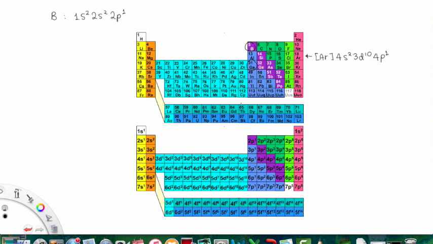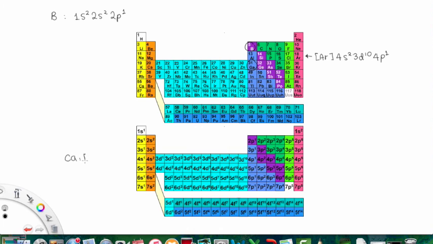First of all, I wanted to mention that the 4s orbital right here is occupied before the 3d orbitals, although the principal quantum number is 4, which is higher in energy than n equals 3, right? In this case, let's take calcium, for example.